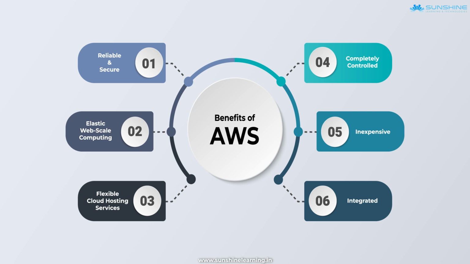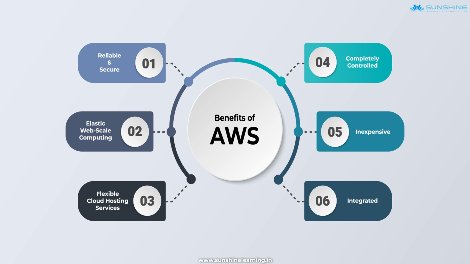So what are the benefits of EC2? It is reliable and secure. AWS provides us the high-end infrastructure where the virtual machines with the help of EC2 are run. It is elastic web scale computing, which means it is flexible and changes can be done on the fly. It can be used for flexible cloud hosting services.